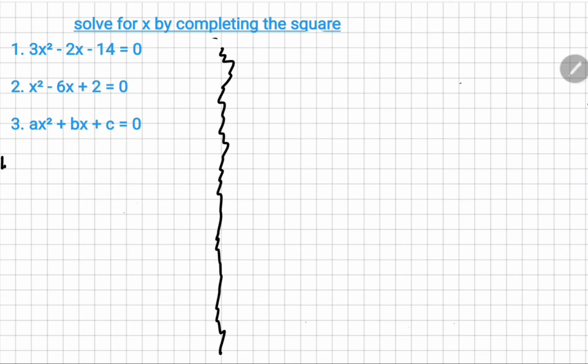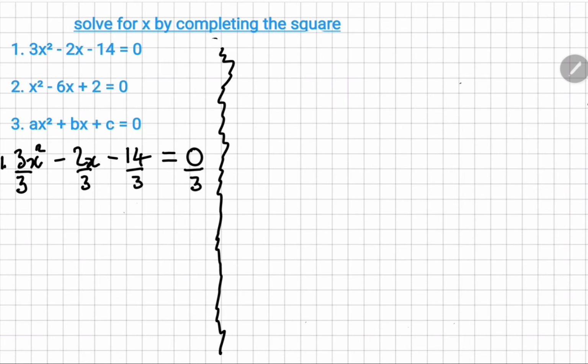Number 1, 3x squared minus 2x minus 14 equal to 0. Need to make sure that the coefficient of x squared is 1, so I'm going to divide by 3 throughout.